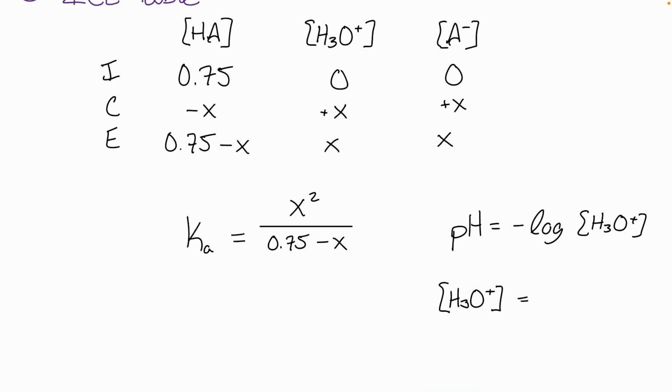Truth be told, good news, it's on your constants page. It's not something you have to have memorized, but we do need to recognize when we use it. This would be 10 to the negative pH. That's the inverse of that equation. The inverse of a log is to take 10 and raise it to that power.